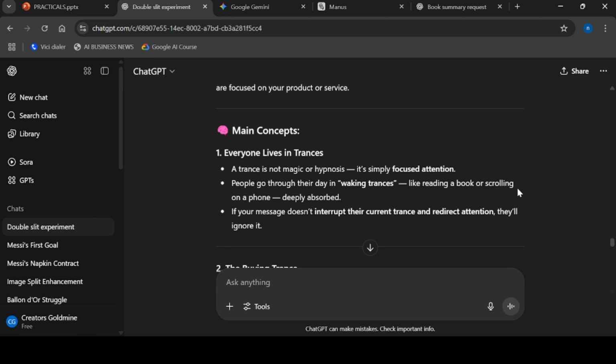You see, ChatGPT is just trying to show us the first concept of the book, that everyone lives in a trance. So if you're selling a product, you need to find a way to interrupt that trance that someone is in. I've not read this book, but ChatGPT is now making me understand how this book works.